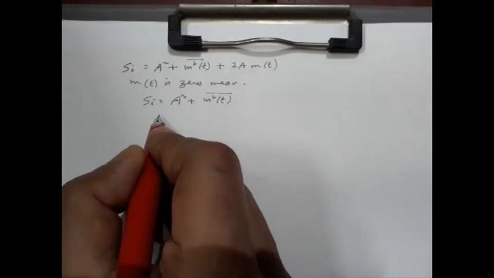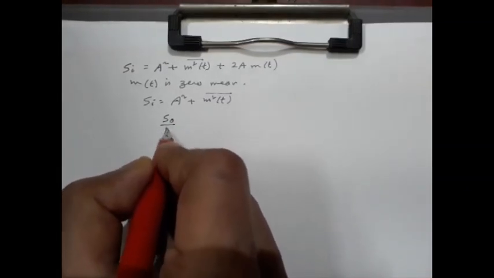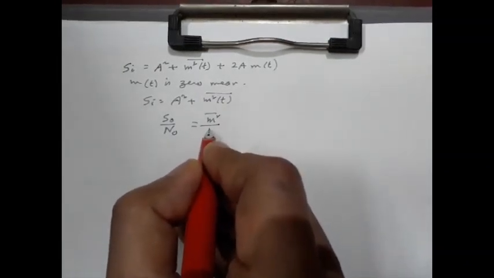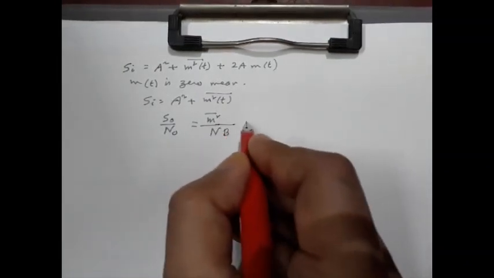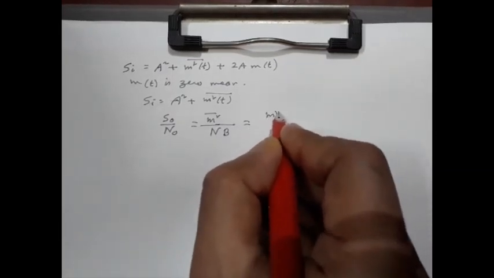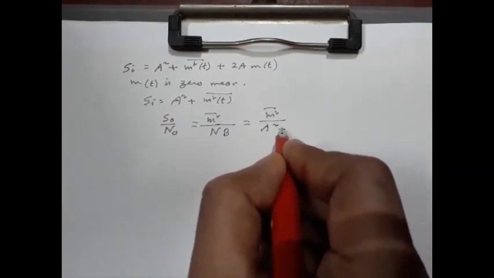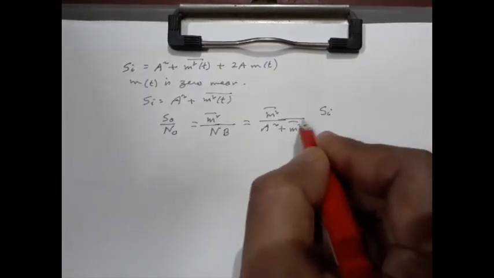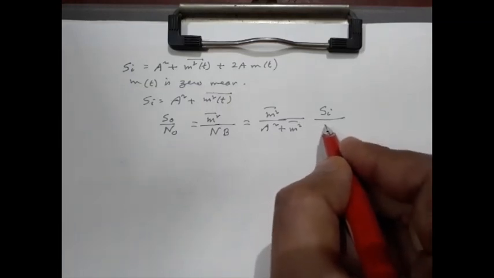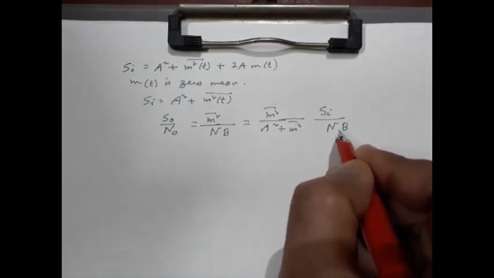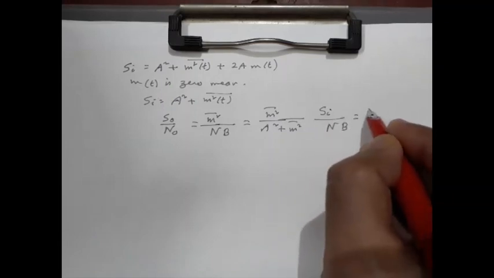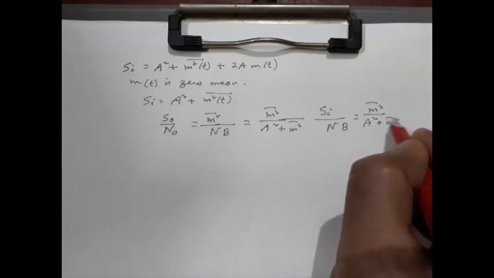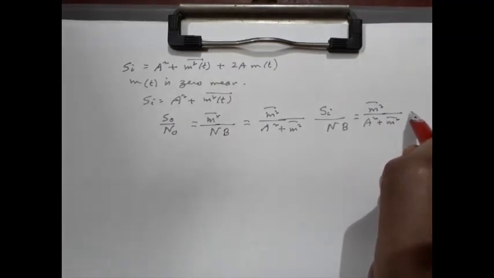So the output SNR can be written as m² bar by A² plus m² bar times S_i, same thing, divided by ηB. This one is gamma, so it is m² bar by A² plus m² bar, into gamma.